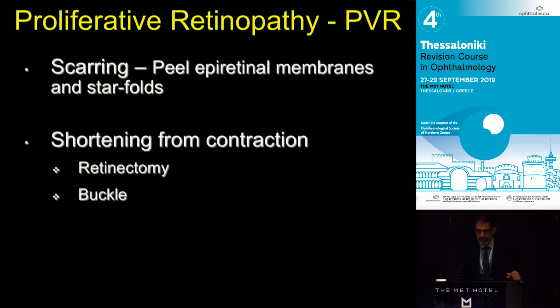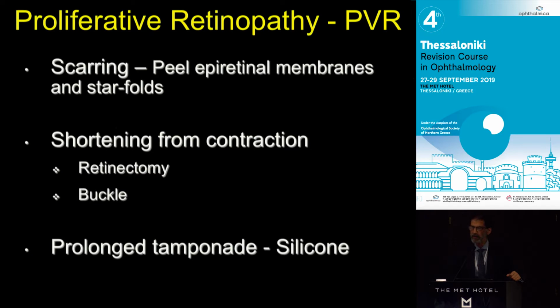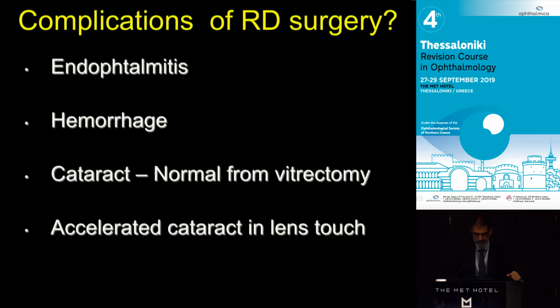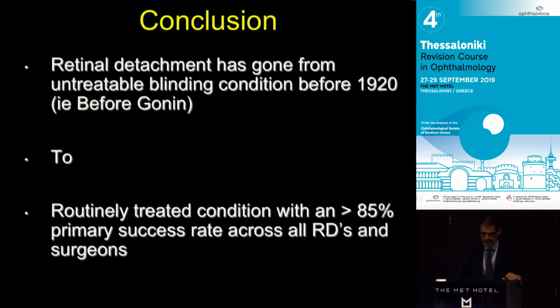Peel the epiretinal membranes and star folds, retinectomy or buckle for shortening, and usually silicone oil with laser. Complications: endophthalmitis, hemorrhage, cataract, which is universal after vitrectomy surgery, especially if there is some kind of touch or the use of silicone oil.